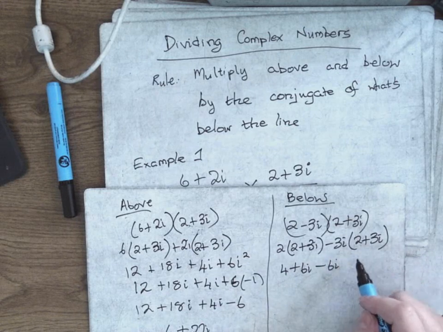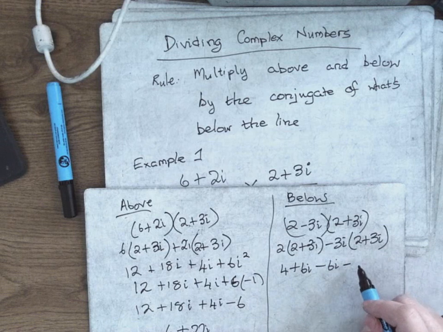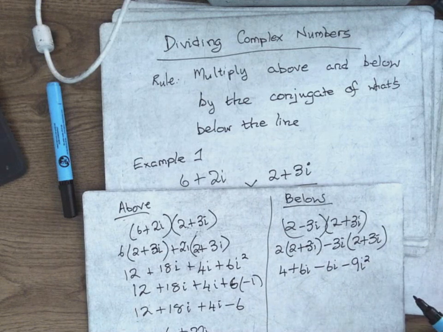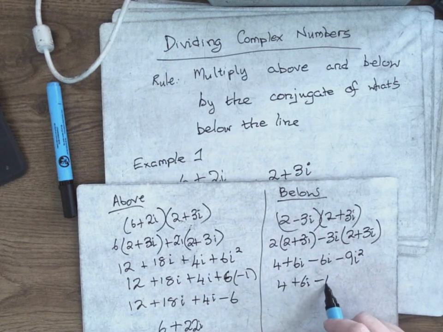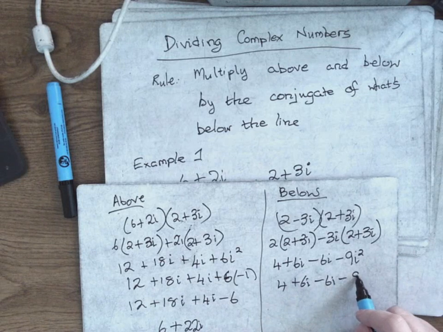Then a minus by plus is a minus. 3 by 3 is 9. i by i is i squared. So that's 4 plus 6i minus 6i minus 9 times minus 1.